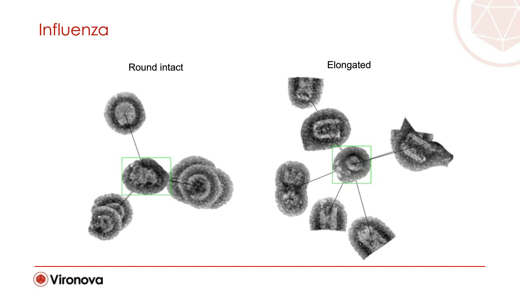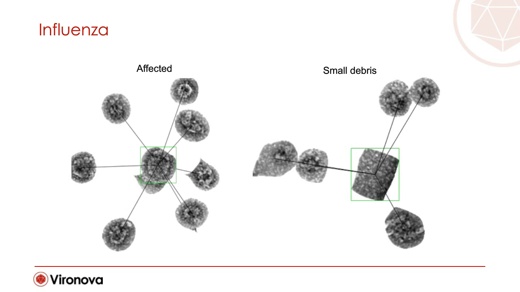In this slide, you see clouds of identified objects that resemble each other. On the left side, we see round, intact influenza particles, and on the right, slightly elongated particles. Continuing with the discovery, smaller, partially affected and ruptured particles, as seen on the left, and smaller debris of particles to the right can be identified.